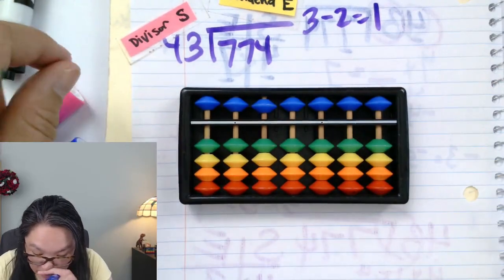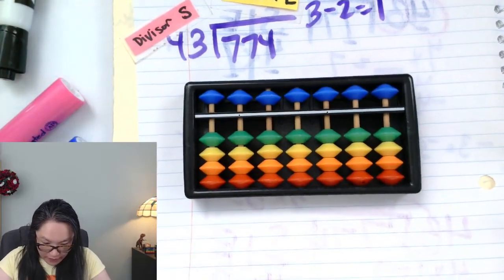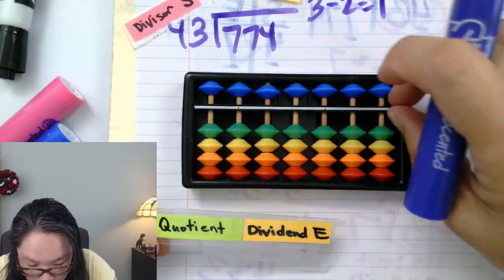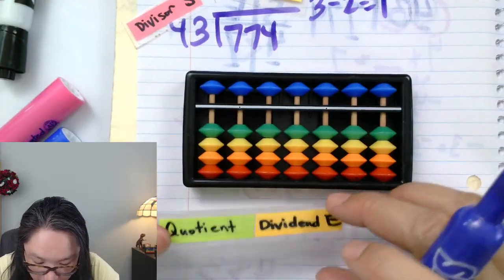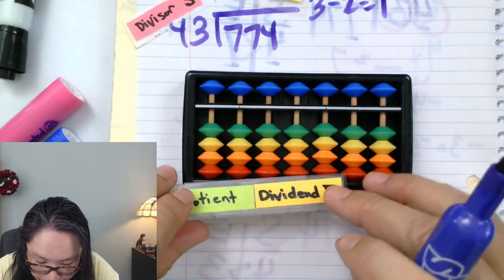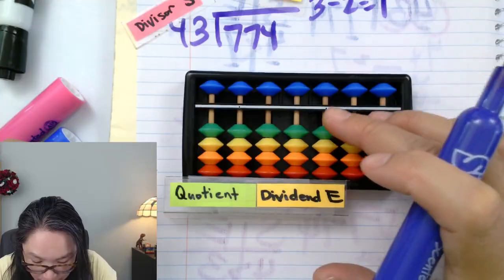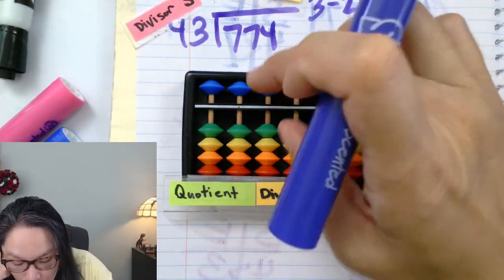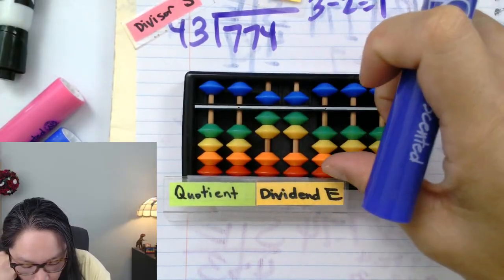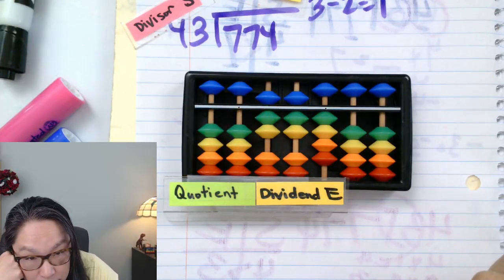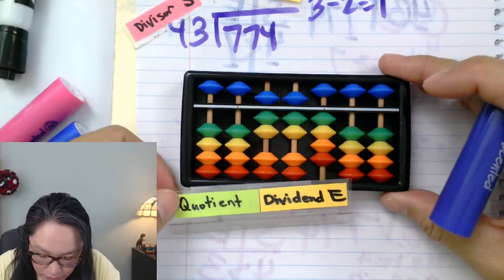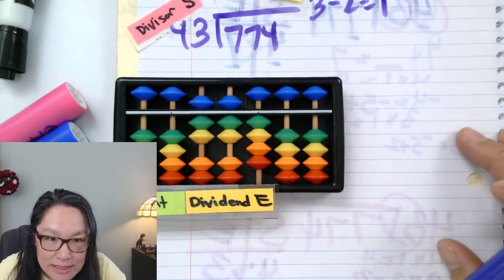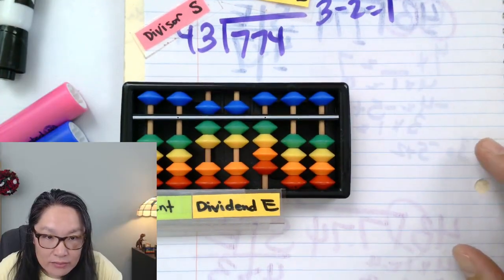That's all I'm trying to do, figure out where I put the quotient. So I'm going to do it here. Because I'm going to do it there, my dividend goes onto my abacus. So I have 7, 7, 4. I have to try to keep it stable so I don't move it.